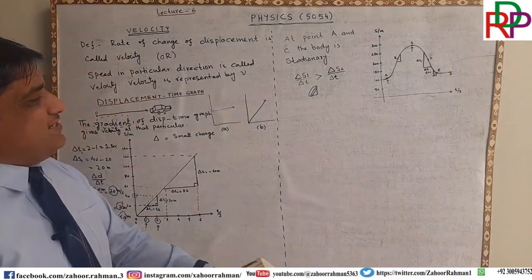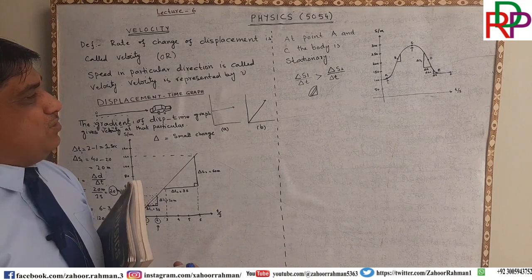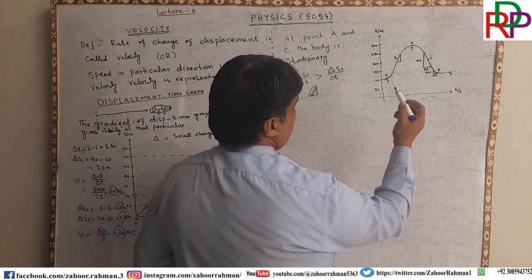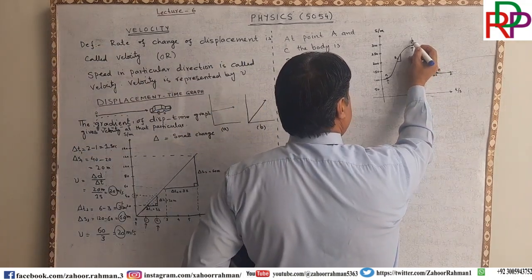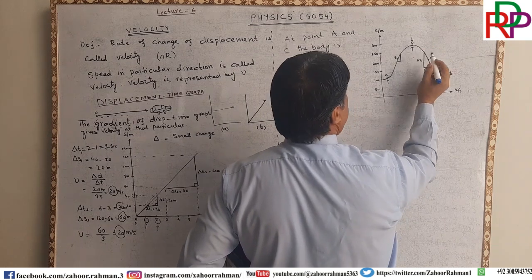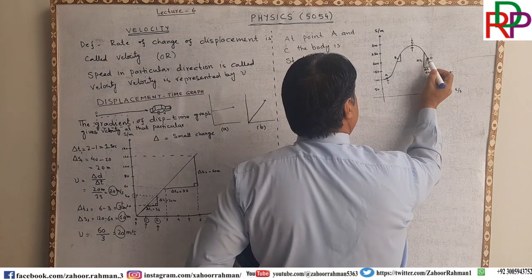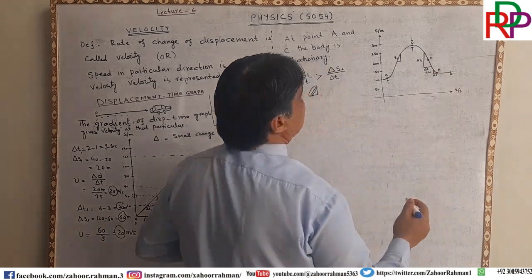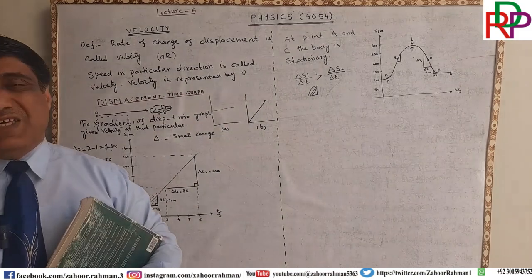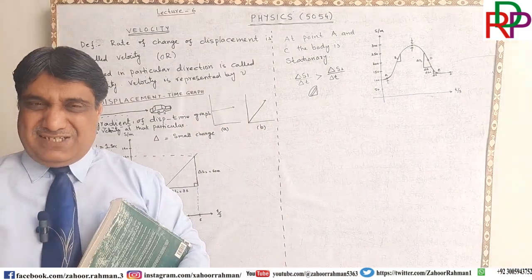The instantaneous velocity can be obtained for a very short interval of time. This interval of time, for example, is this very small triangle. So this is called instantaneous velocity.